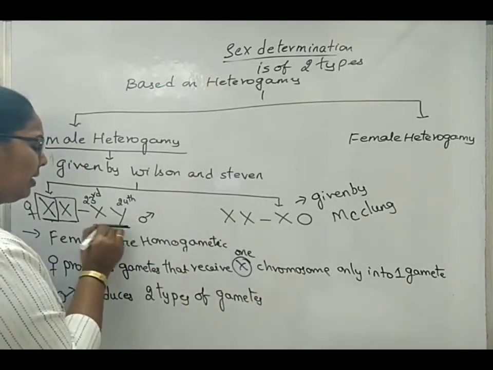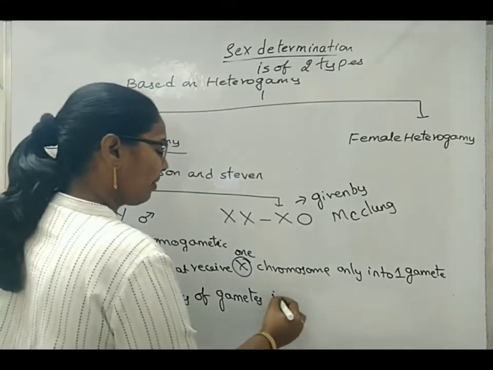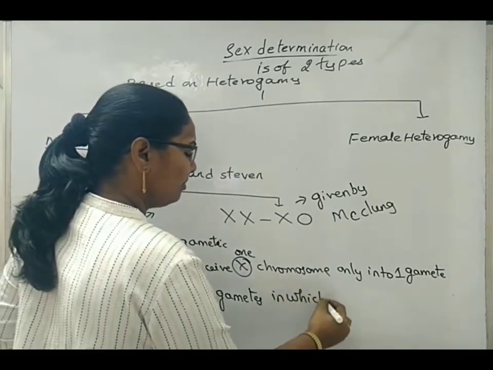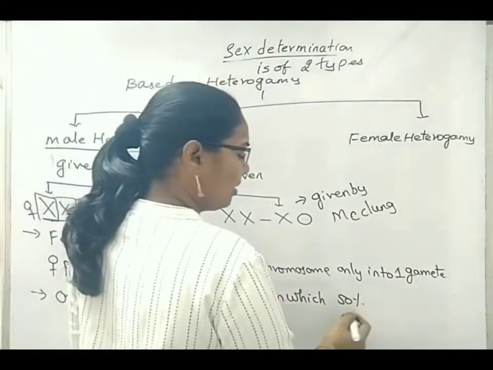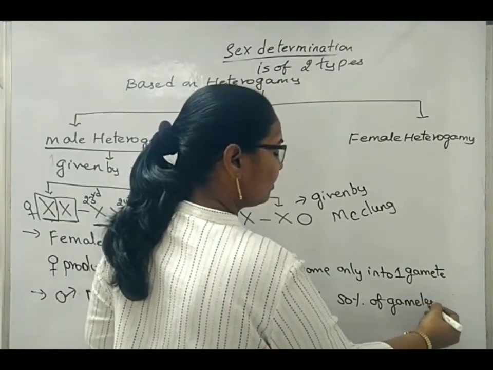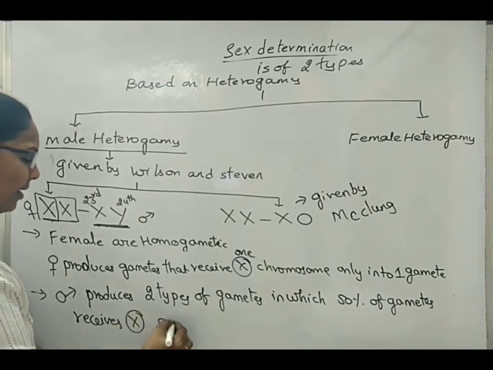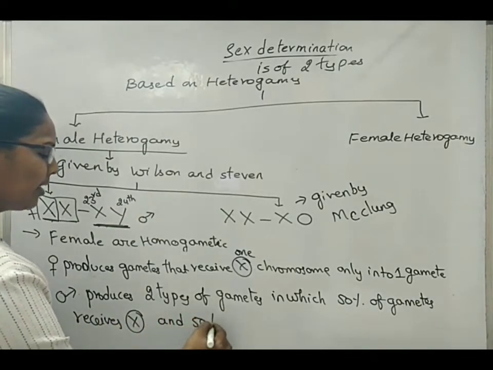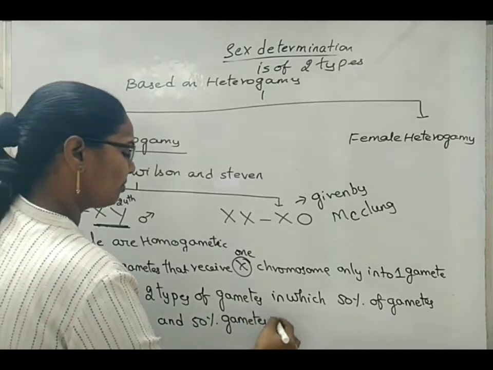These two are distributed into gametes separately, in which approximately, this is not an exact number, 50% of gametes receive X chromosome and 50% of gametes receive Y chromosome.